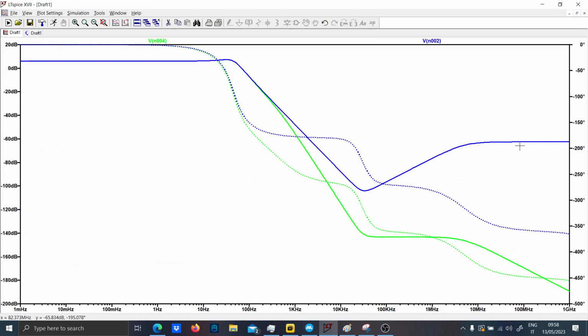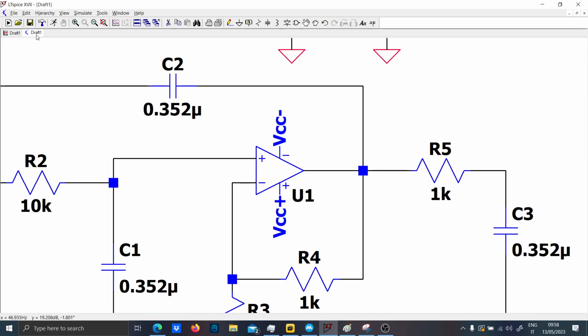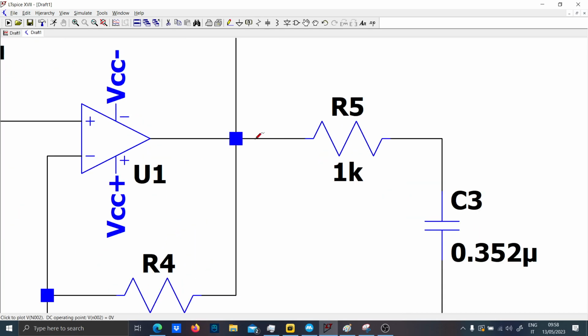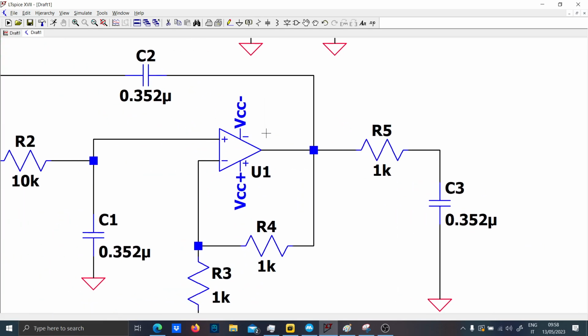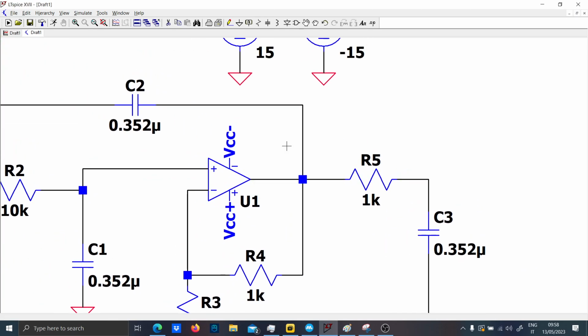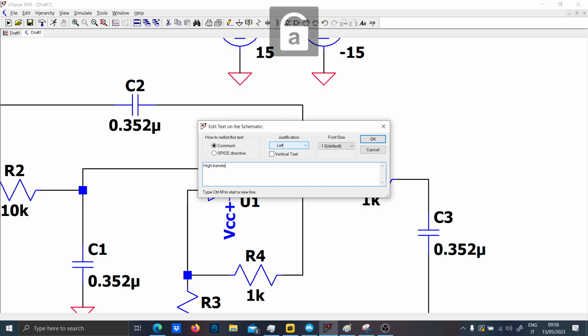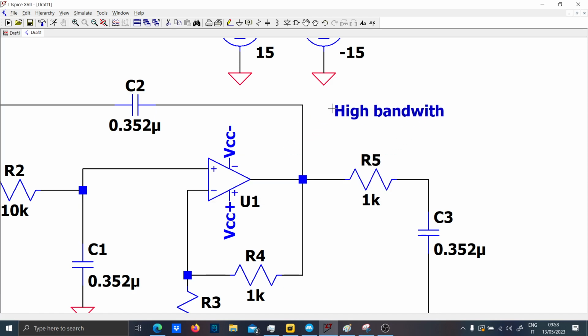As you can see, the op-amp is no longer attenuating from that point onwards, and so you should also consider the fact that this op-amp should have a high bandwidth in order to make the active filter work.